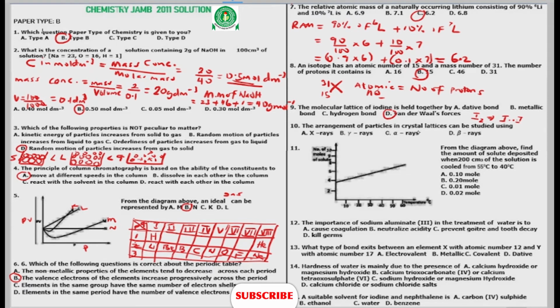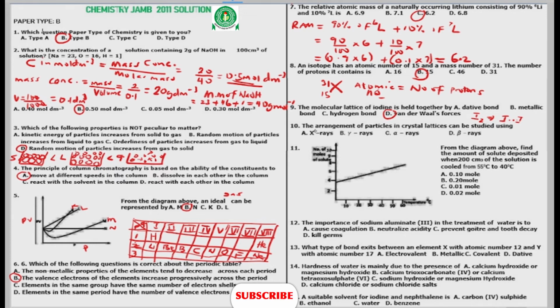The arrangement of particles in a crystal lattice, usually an electrovalent compound. It's only electrovalent compounds that usually have a crystal lattice. We can study it using X-ray. The crystal lattice has the characteristic of X-ray diffraction.